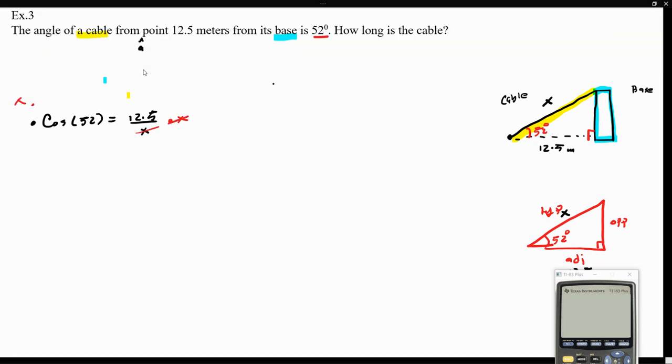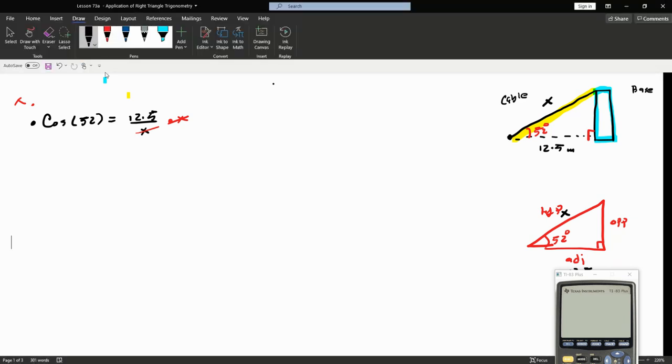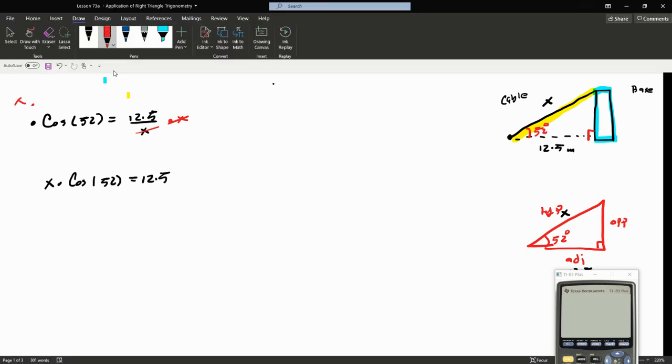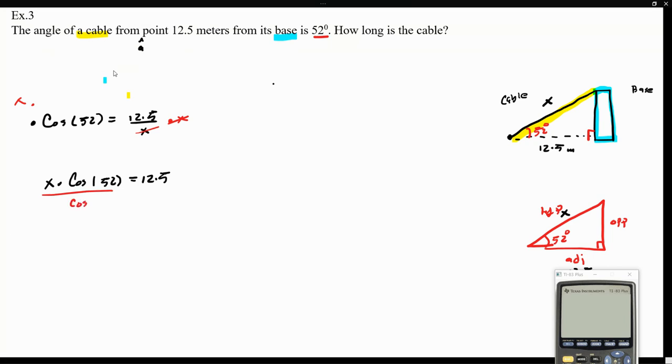Now this cancels out, and we have x times the cosine of 52 is equivalent to 12.5. Notice that we're solving for x, so we're going to divide by cosine of 52. Now this cancels out, so x is equivalent to 12.5 over the cosine of 52.